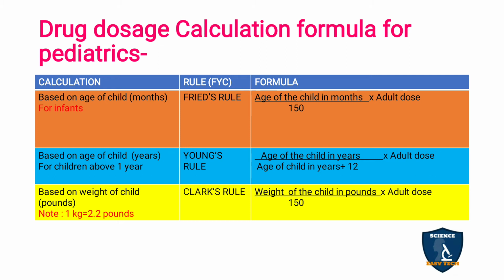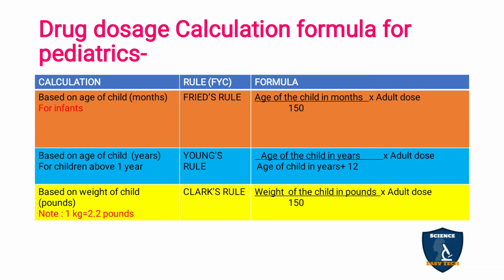Based on the age of the child in months, if the child is an infant, that is less than 1 year, you have to use Freud's rule. The formula for Freud's rule is age of the child in months divided by 150 into adult dose.